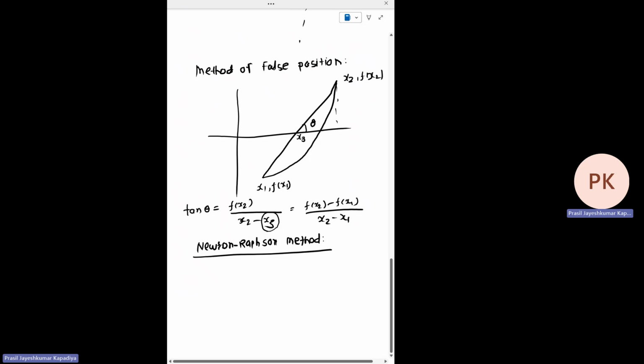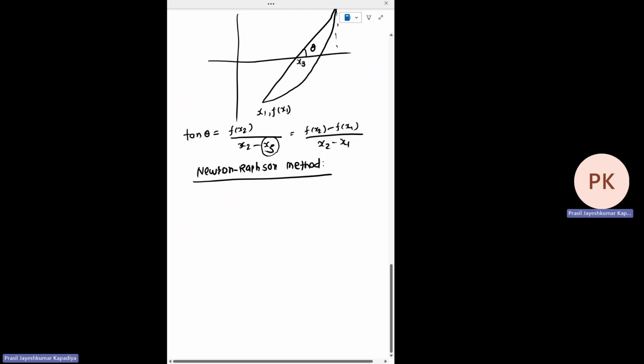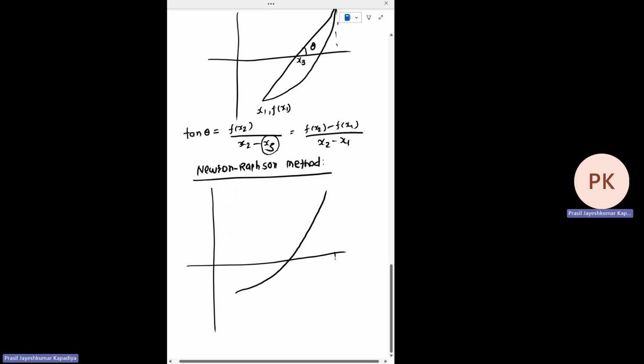Let's say this is my curve, a similar curve I am taking, and let's say I'm having some initial guess x0. So at x0, my point will be x0, f of x0. Now what we need to do at this point, we will be drawing one tangent. So let's say this is the tangent.